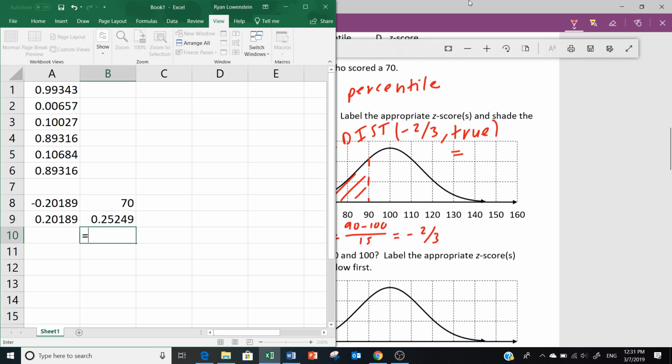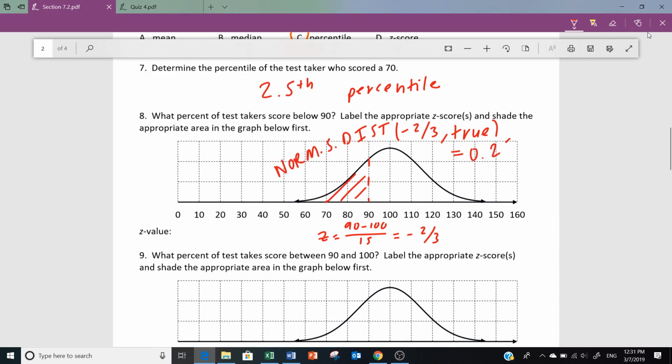That's another way to do it, but I just recommend doing it separately and then putting the negative 2/3 in. And we see that I get 0.25 as the answer. So the answer is 0.25 or 25%. Any questions on number 8?